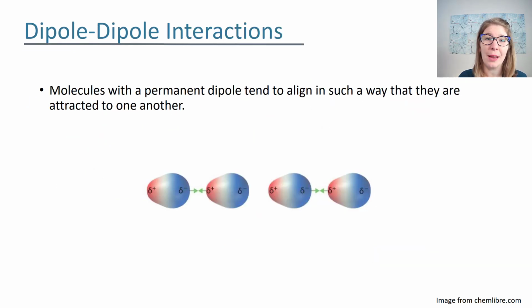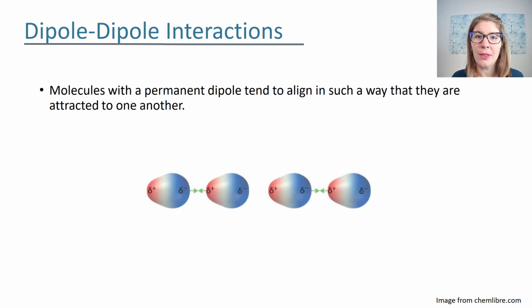Now let's look at dipole-dipole interactions. Dipole-dipole interactions, I actually have the same diagram here. So we're going to just imagine that in our dipole-dipole interactions, what's happening is we have a partial positive on one molecule and a partial negative on the other molecule. They're attracted to one another, but the partial positive and negative just aren't as big as they are in hydrogen bonding.